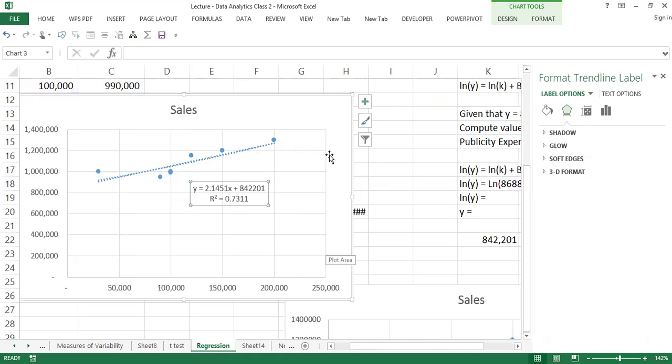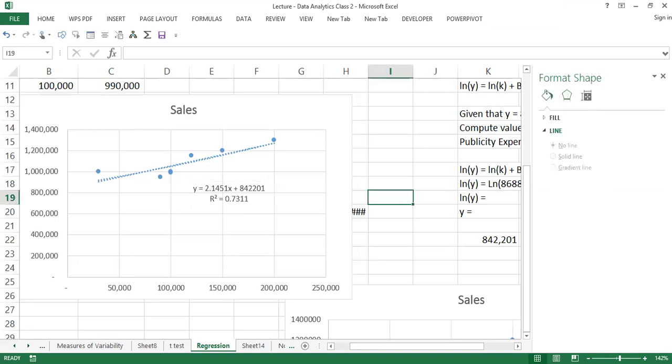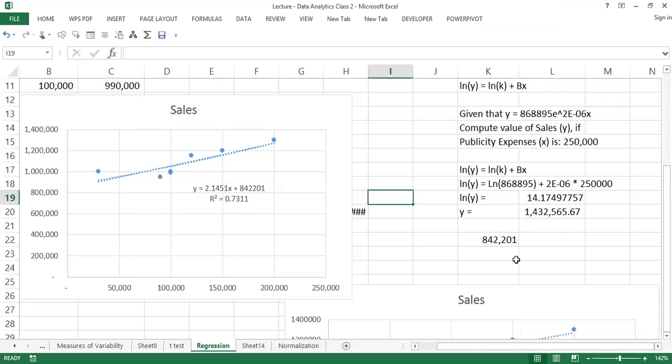Okay, so let's say 250. If you extend this line, it's going to be somewhere here, which is still about the same. Okay, so this is how you use this.